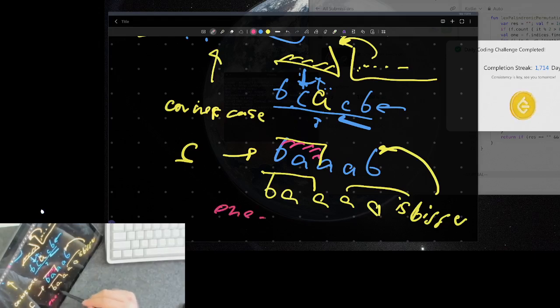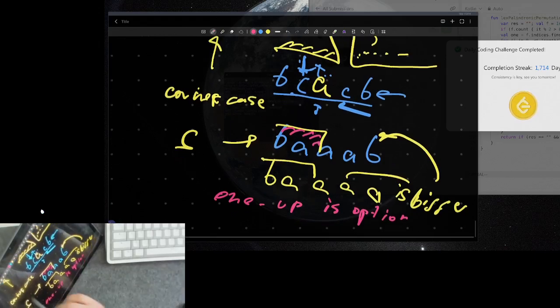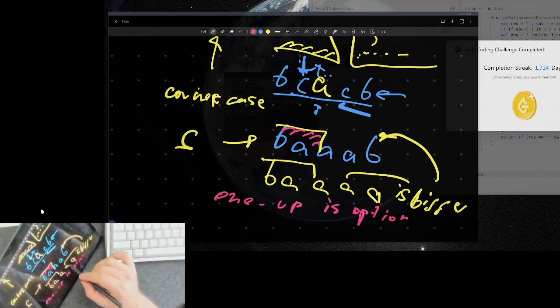One up is an optional, not necessary thing. So if we have the same matching prefix, we can still have a perfect palindrome that is bigger than the target.